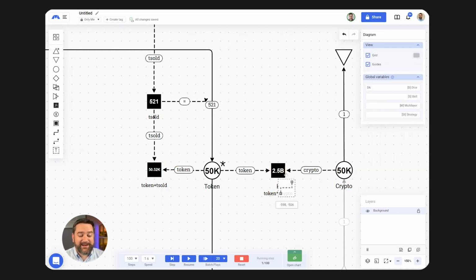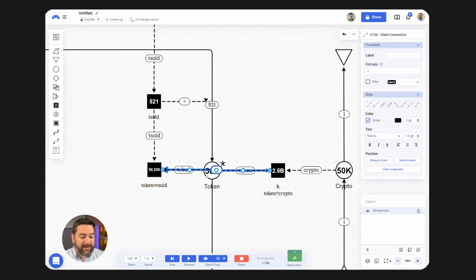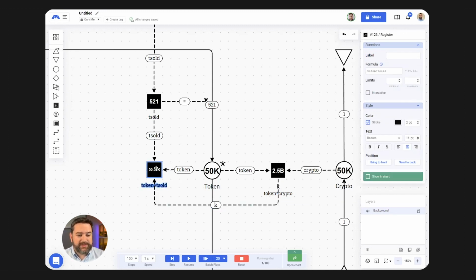So the way I can calculate this is to take my K factor, and I'll route this, trying to keep it neat. So I'm going to label that K. In my formula box here for this register, I'm now going to do K divided by token plus token sold.